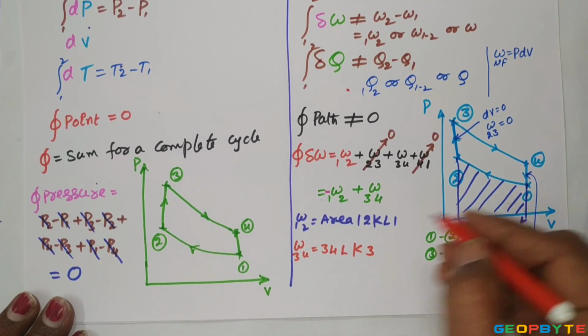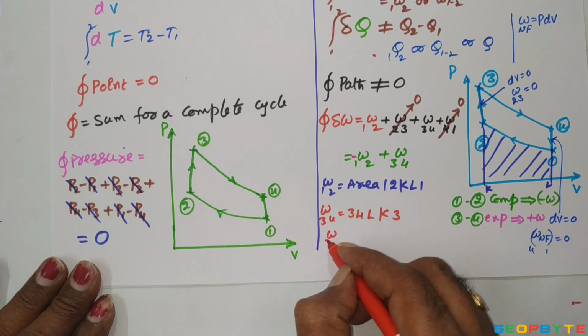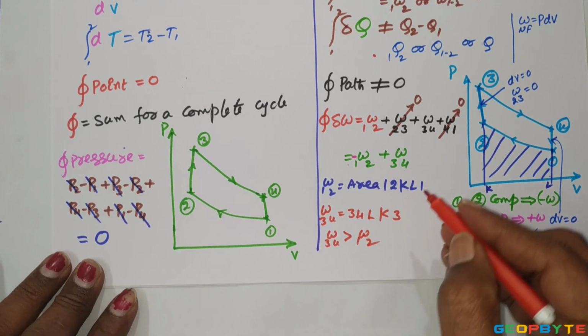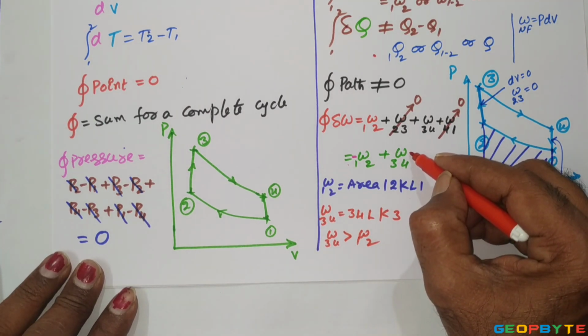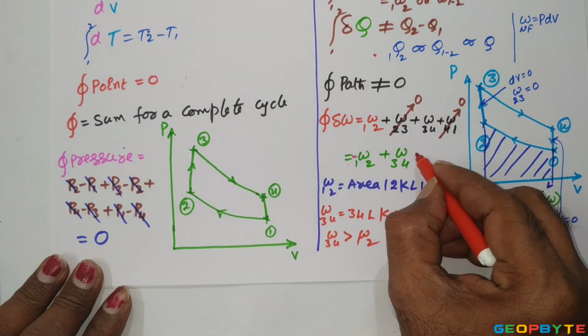From these two relations, you can conclude that work for 3 to 4 is more than work for 1 to 2. If work for 3 to 4 is more than work for 1 to 2, the summation will never be equal to 0.